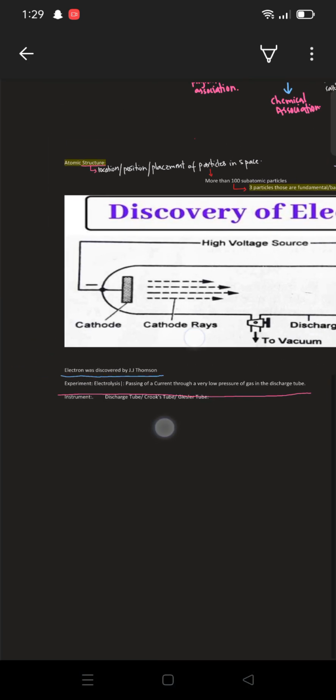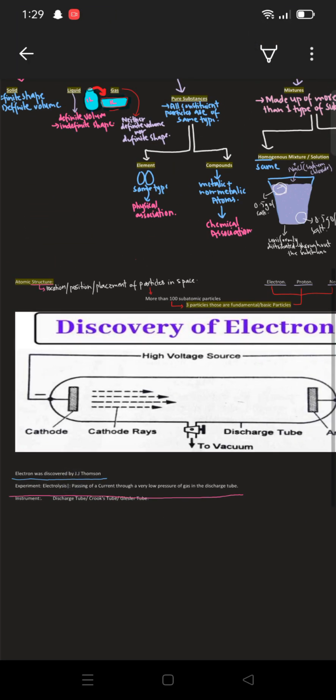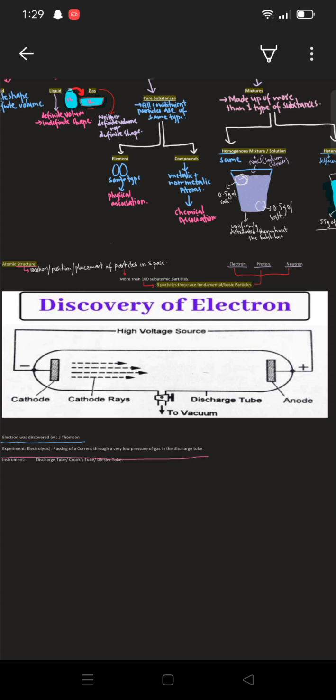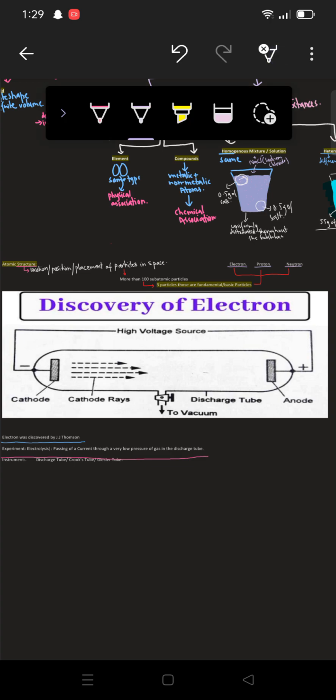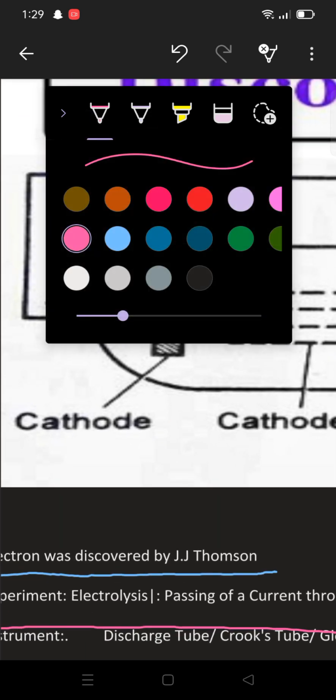Now what things did he use to discover the electron, right? Let's see this here. Now this is the picture of the discovery of the electron. This is basically the discharge tube, which you can see here. He used cathode ray, as you can see.